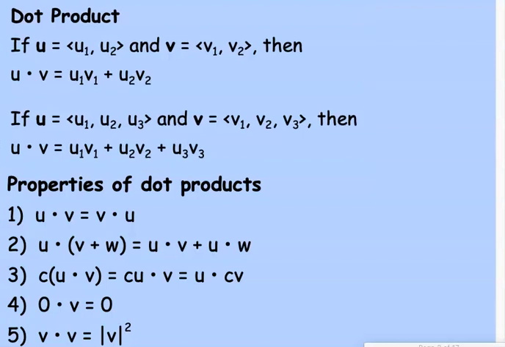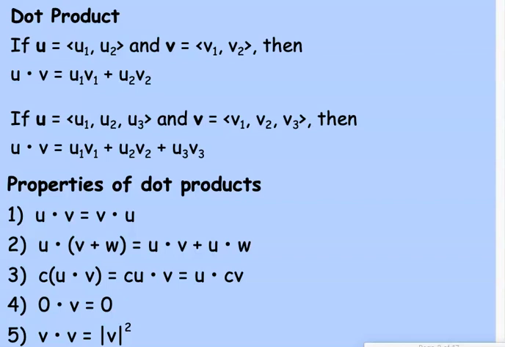All right. So a few properties of dot products. Dot producting is commutative. So u dot v is equal to v dot u. The distributive property holds: u dot (v plus w) is u dot v plus u dot w. If you are doing a scalar times a dot product, it's just like a scalar times a product.